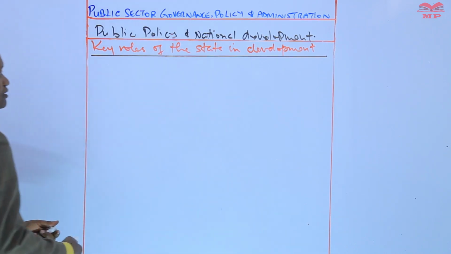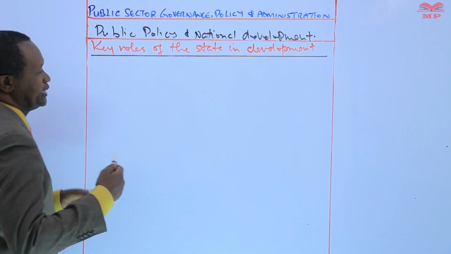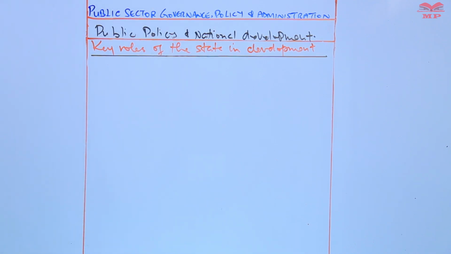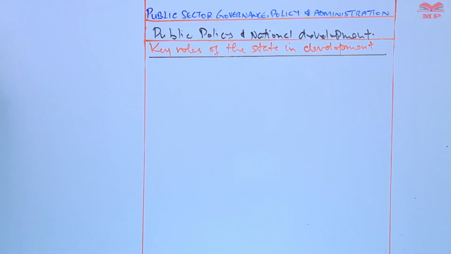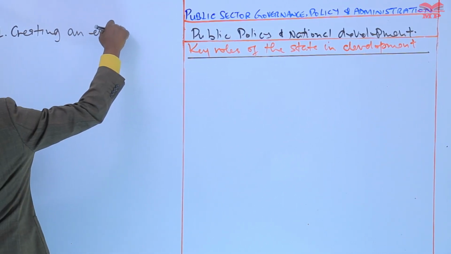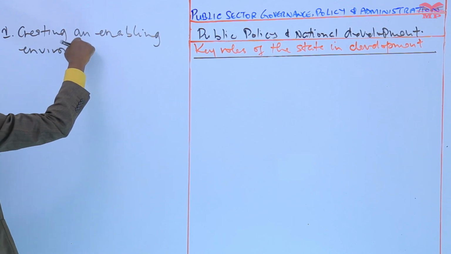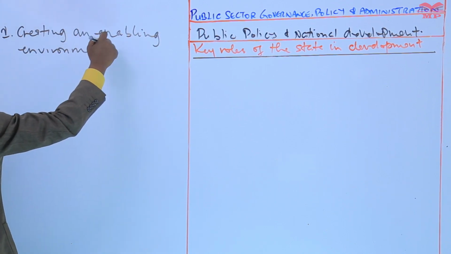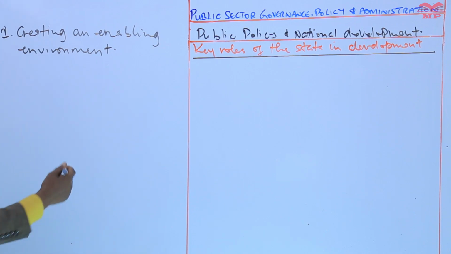One, the role of the state is to create an enabling environment.